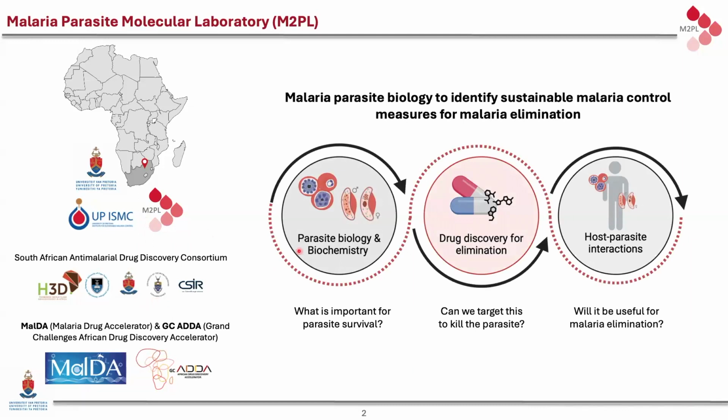Firstly, how does the parasite function, what are the important biological processes and the molecular drivers thereof? Then, can we exploit these processes or molecular drivers in a drug discovery context? And then ultimately, can we use front-runner compounds for malaria elimination, as malaria is still a massive concern within Africa?